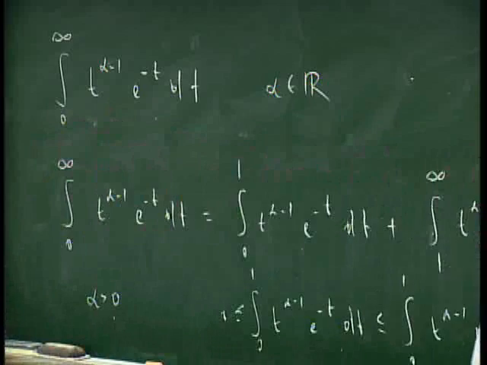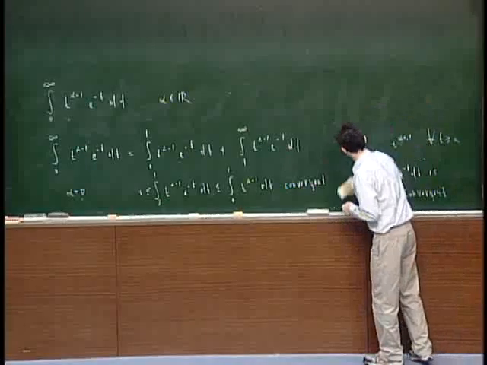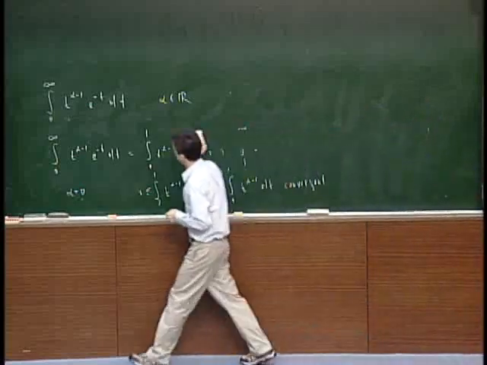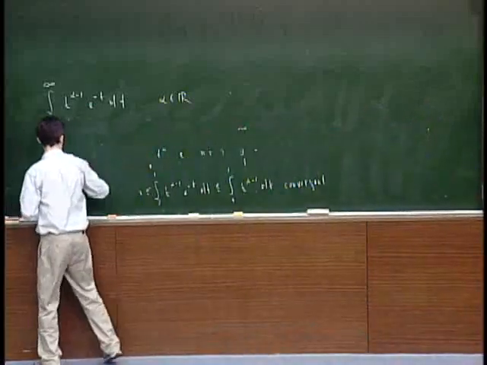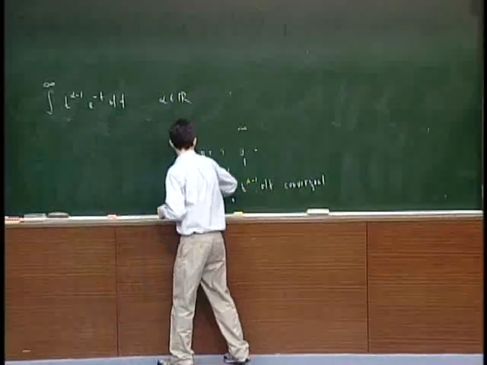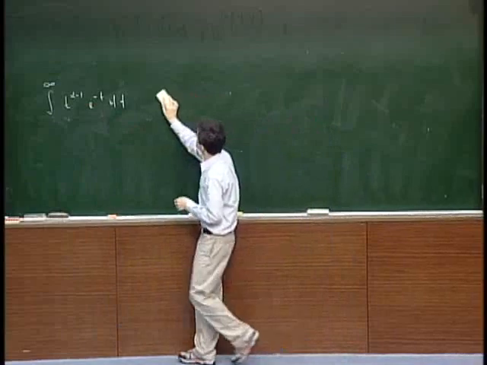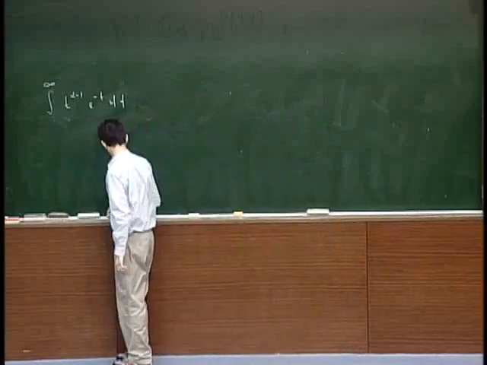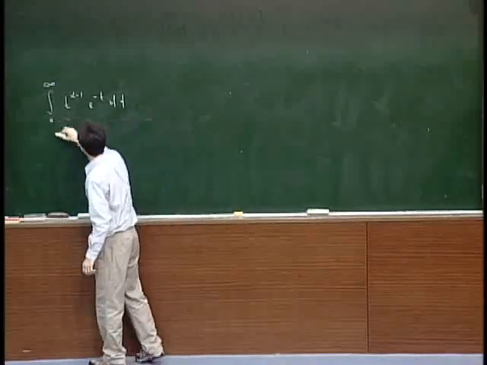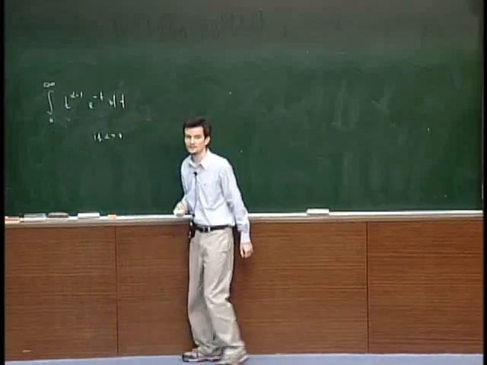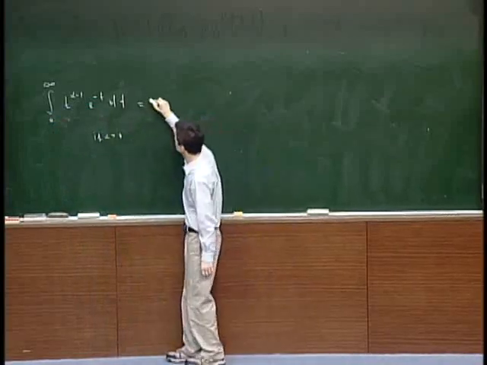The reason why I mentioned this is because this function is also important in applications. We just showed that if alpha is larger than 0, this integral from 0 to infinity is convergent, and it will define a new function which depends on alpha.